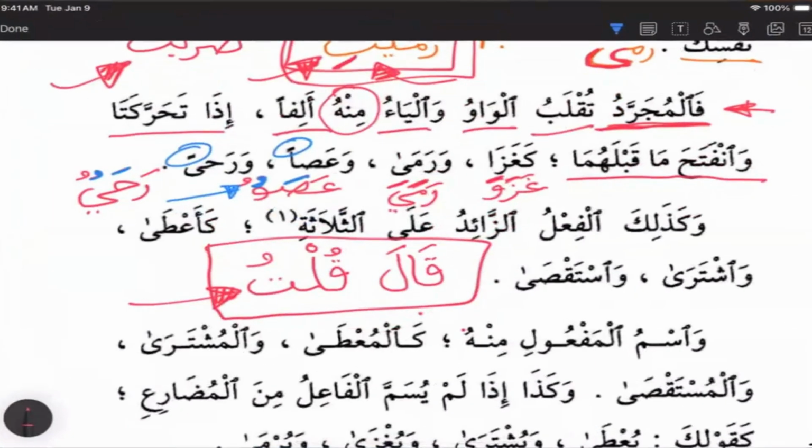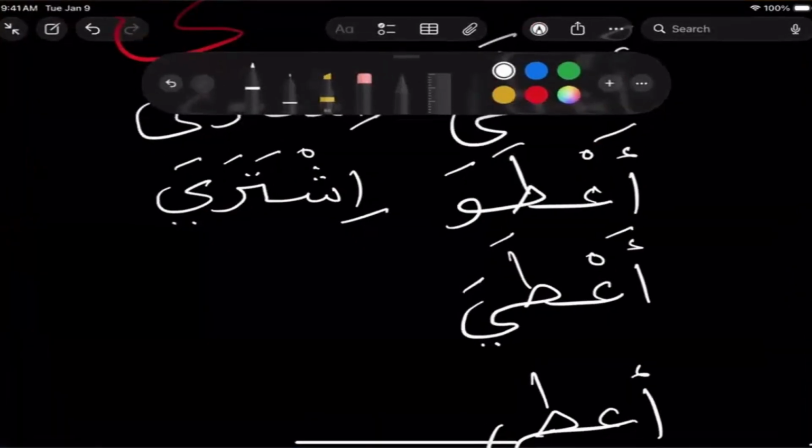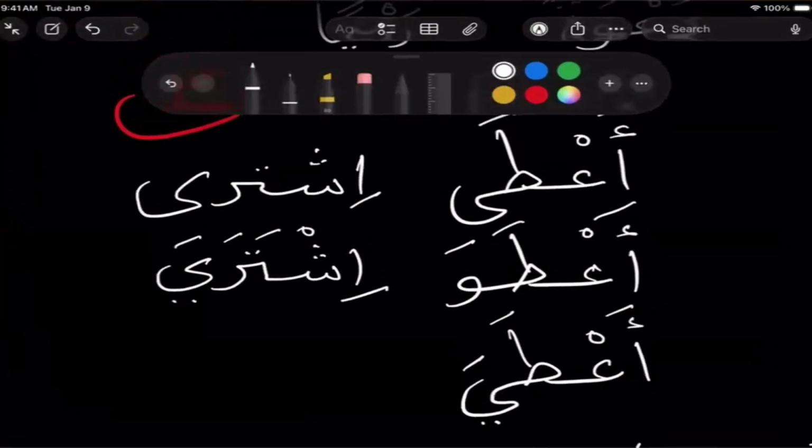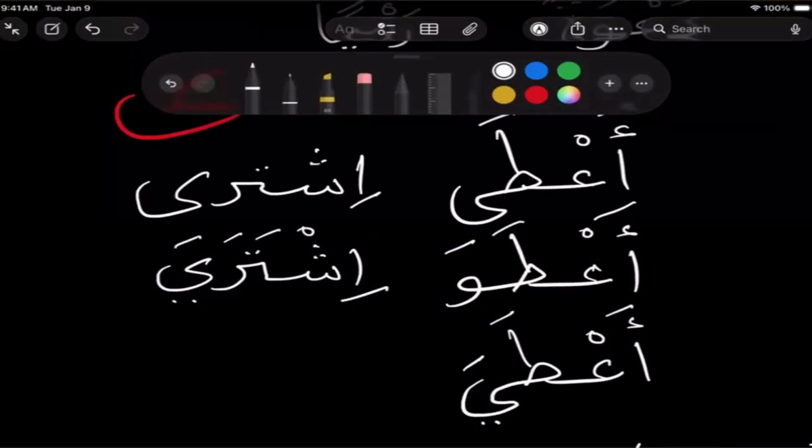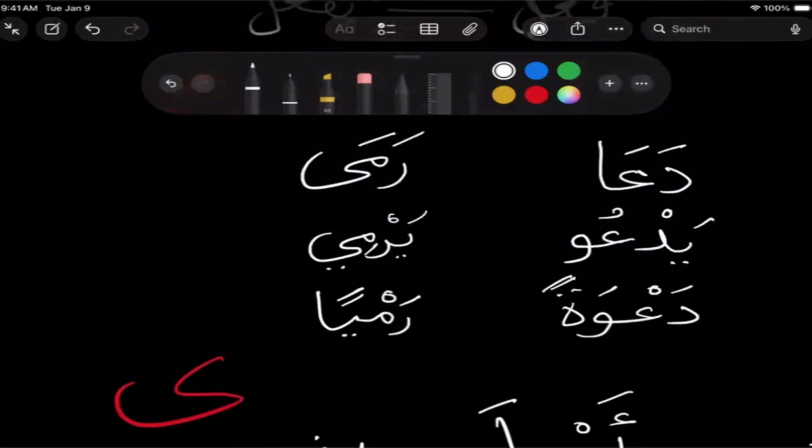Yes. On the a'ta, could you go back to that? This is mazid fi. It ends in that alif maksura in the first one, a'ta. When we were talking about just the mujarrad, when you had the alif maksura there, it was an indication.